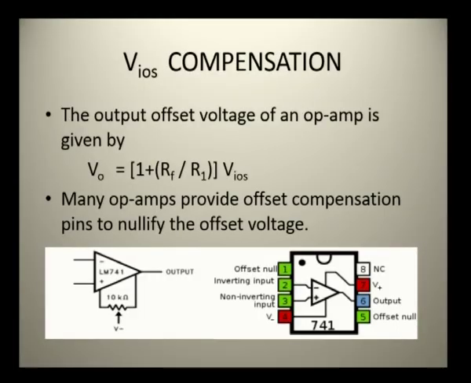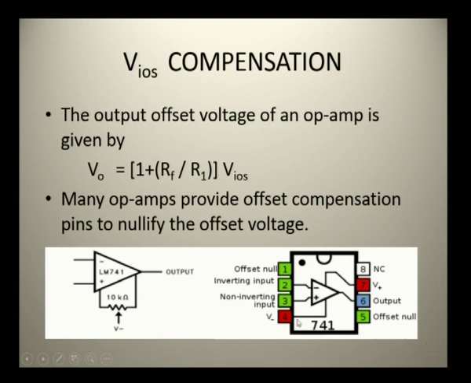So how will you give this input offset voltage to nullify the output offset voltage? We have to recall the pin configuration of IC 741. We know that pins 2 and 3 are for inverting input and non-inverting input, 6 is for output, 7 and 4 are for positive supply and negative supply respectively, and 1 and 5 are for offset null.